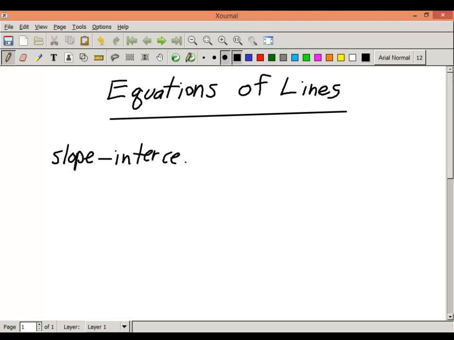This is the most well-known one. And it is y equals mx plus b. So what you need to know about this form is that whatever number is in front of x when your equation is in that form, that is going to be the slope of your line.